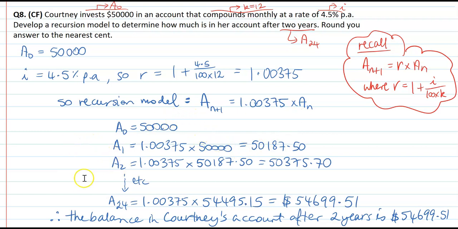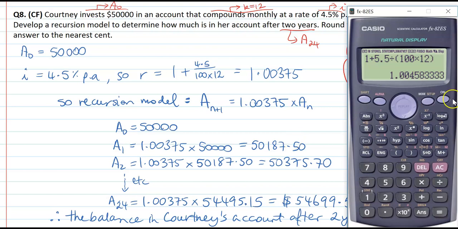it's going to take a bit to get to our 24th recursion. So I'd kind of expect you to show this sort of working out where you're demonstrating that you know how to apply your recursion, and then it's just simply a matter of putting it into your calculator, and after the first recursion, we're on $50,187.50, and then remember you can just use your calculator to come up with the other 24, to get to the 24th recursion.